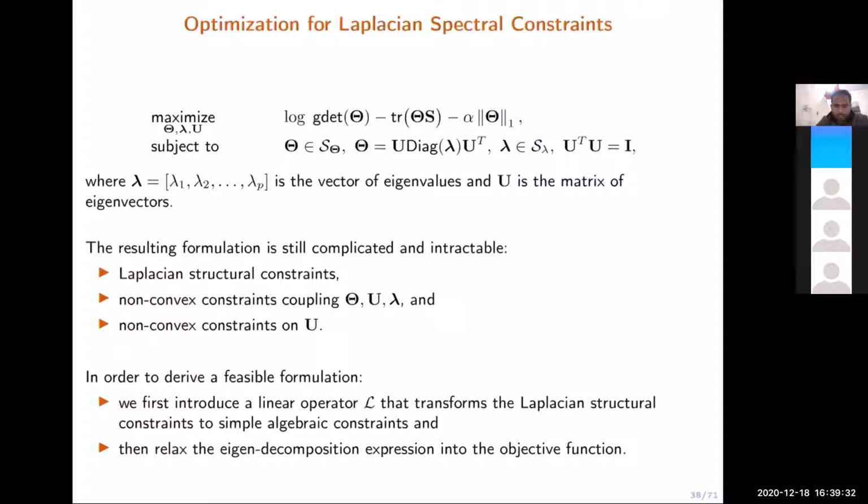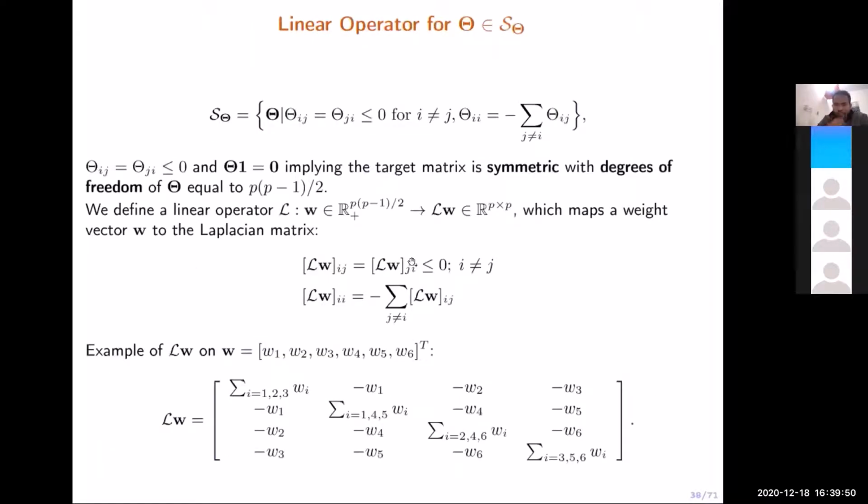To solve this problem, we will first introduce a linear operator L, which will convert the Laplacian structural constraints into simple algebraic constraints, and then we will relax the eigenvalue decomposition into the objective function. So theta is a symmetric matrix, first thing.